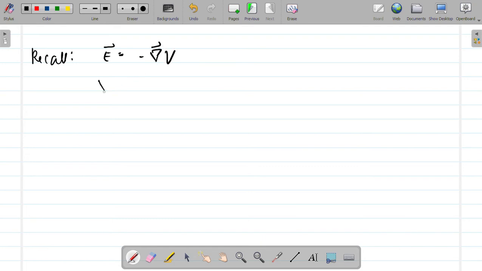So, class, ano ang divergence ng E? So, del dot E, bakit? So, del dot E equals del dot negative del V. Yan. So, this is negative del squared V. Yan yung Laplacian natin.